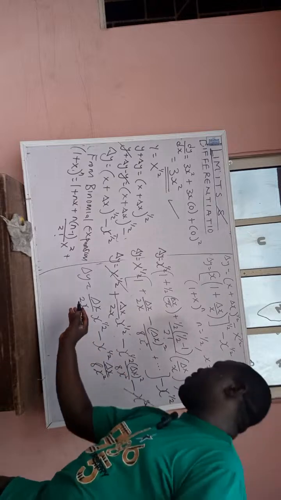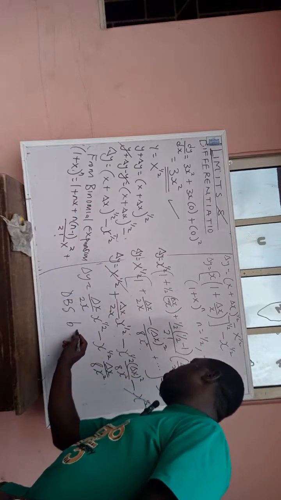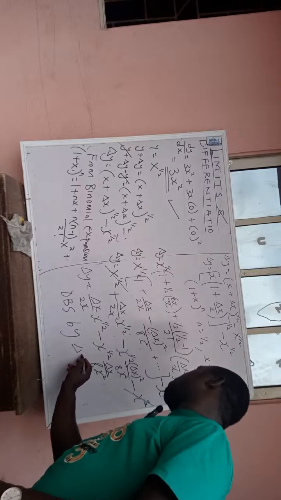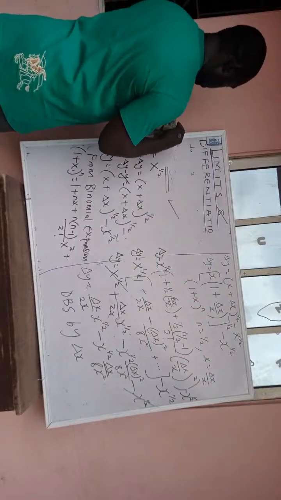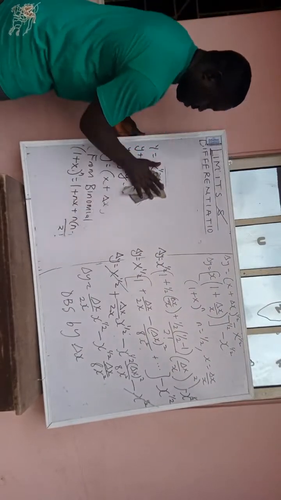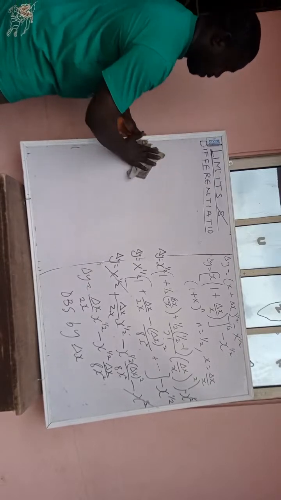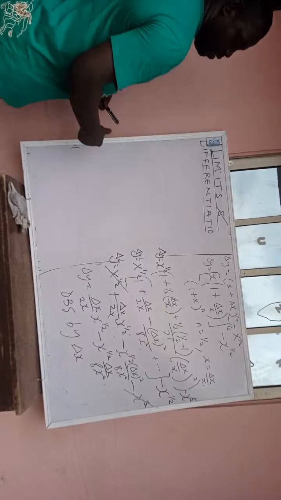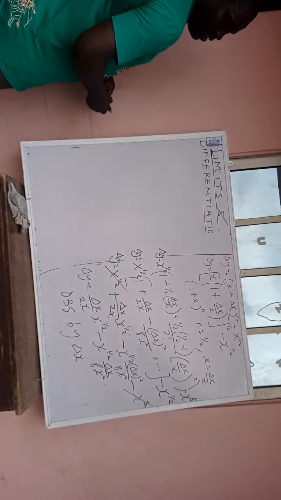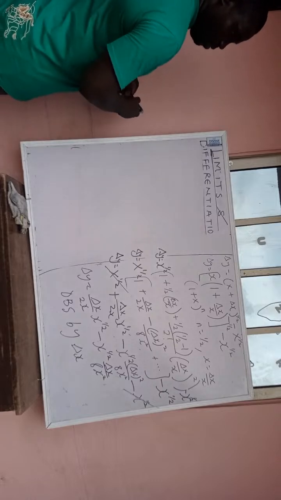So the next thing is to divide both sides by change in x. So we are dividing both sides by change in x. Okay, so dividing both sides by change in x, what do you have now?